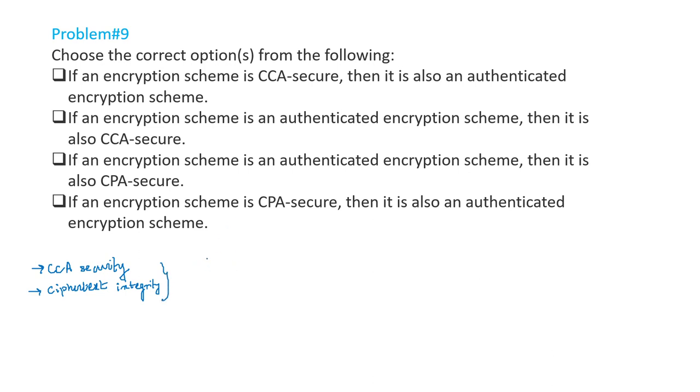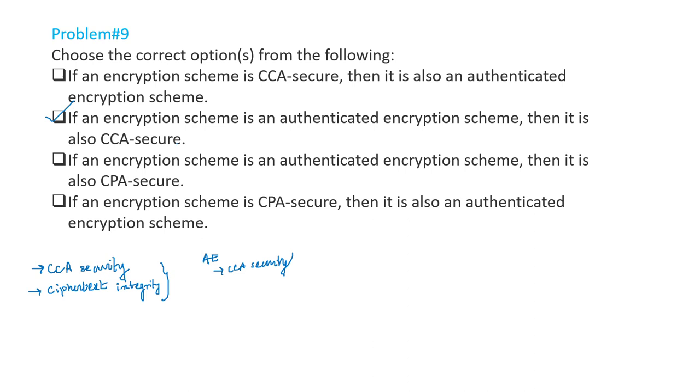And if a scheme is already said to be an authenticated encryption scheme, AE, then of course it will satisfy the CCA security. Okay, so this statement is actually correct. And if a scheme is CCA secure, then you know that CCA is a higher security assumption than CPA security.